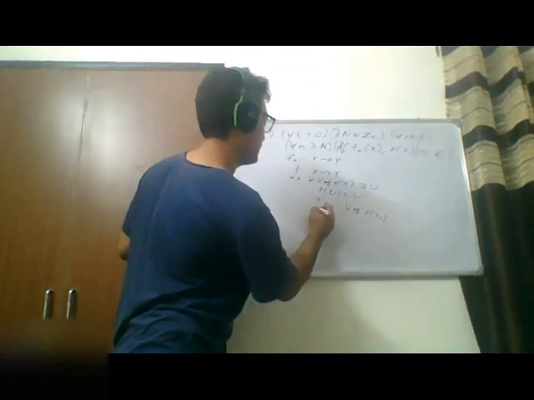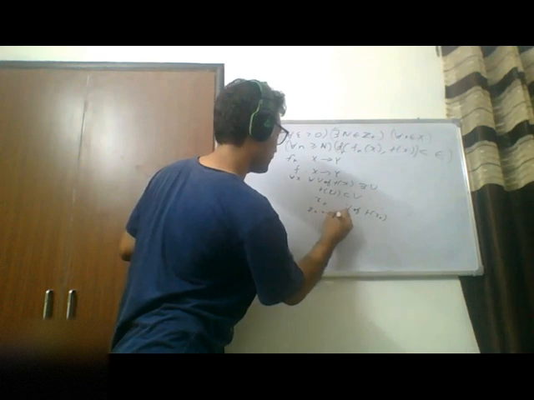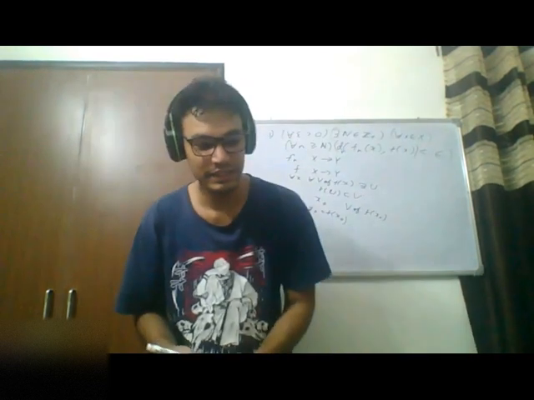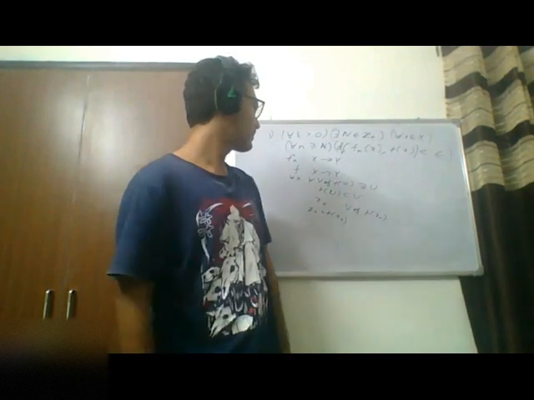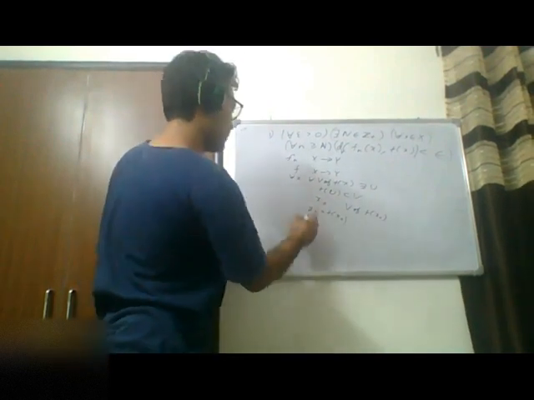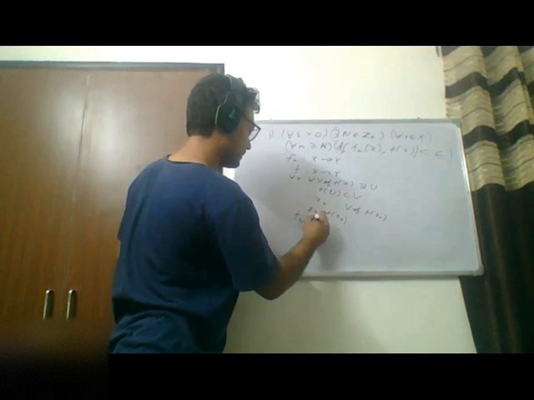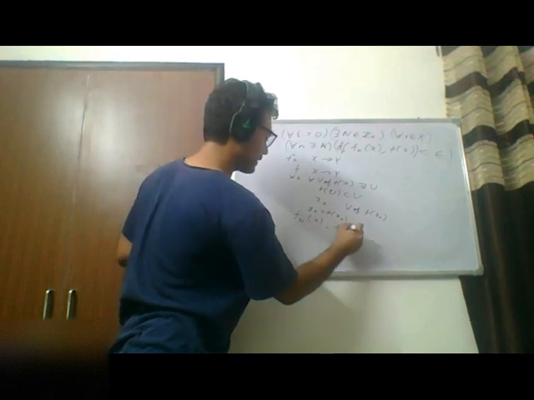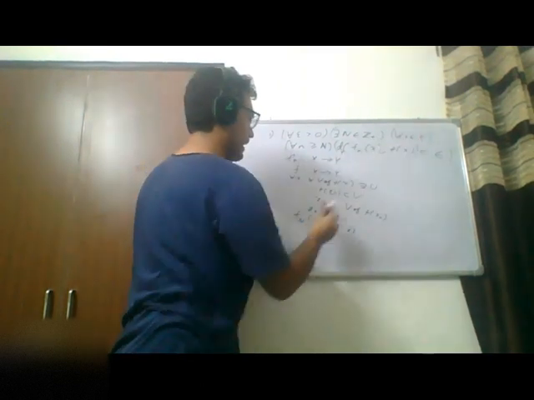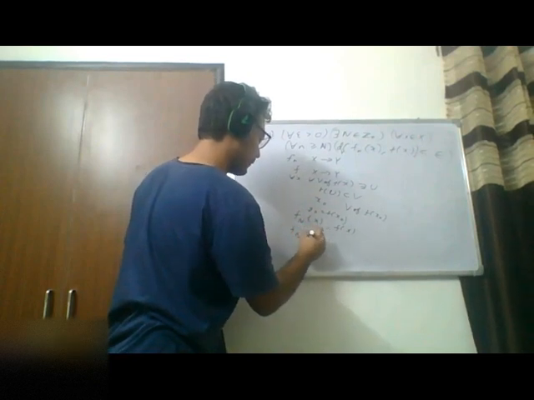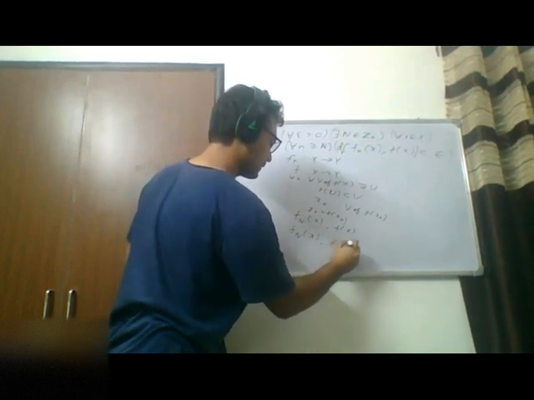So let y naught equal f of x naught. The whole point is that f_n of x comma f of x can be used, and so can f_n of x comma f of x naught.